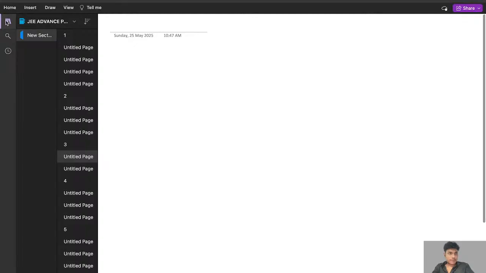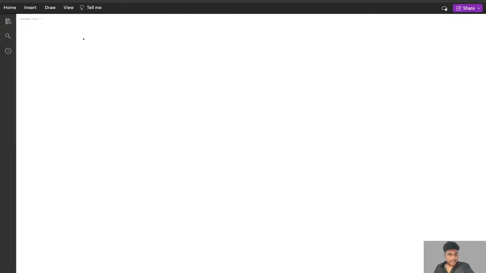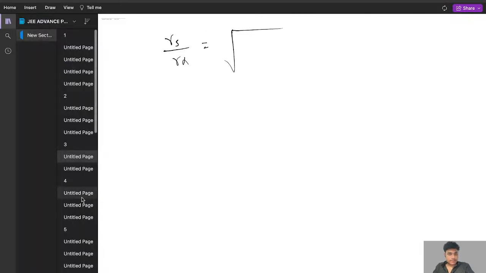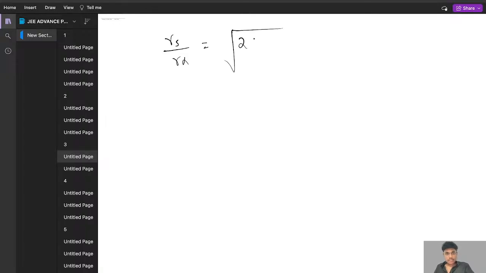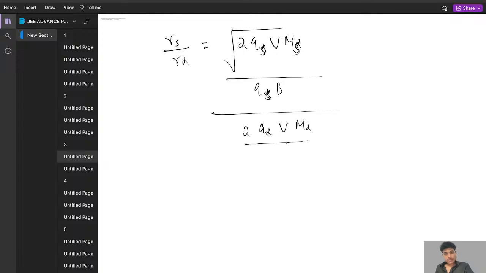Now r of sulfur ion upon r of alpha particle is equal to, if you solve this, 2 times q of s v into m of s upon q of s into b, here it is s, we have to write s in the numerator, and 2 q of alpha v into m of alpha upon q alpha into b in the denominator, right?